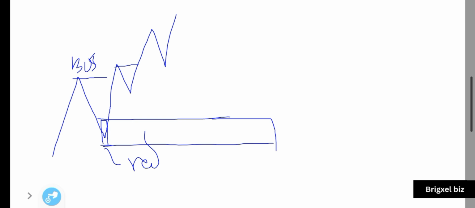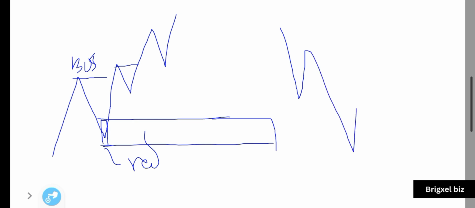And we can also have a bearish order block, right? A bearish order block would look something like this. So the market was coming down and then it pulled and went up a little bit, that is a retrace, and the market went down.